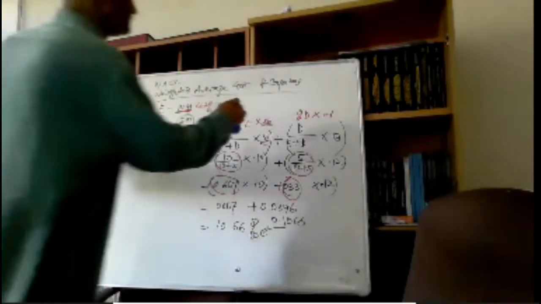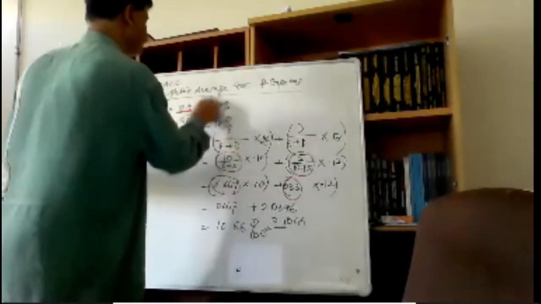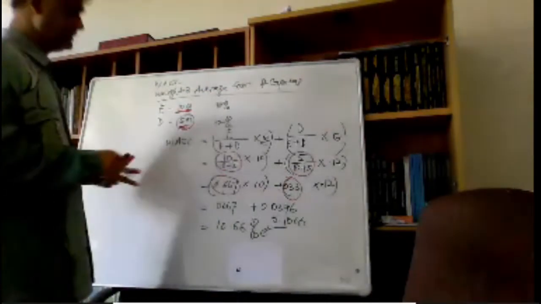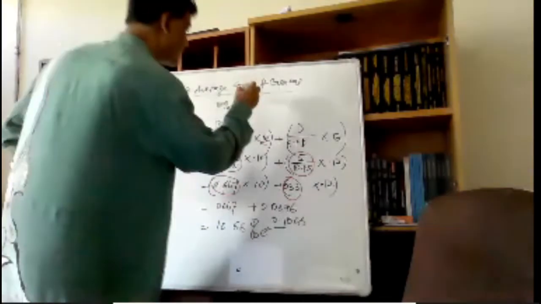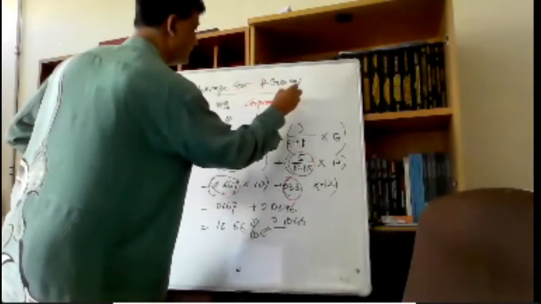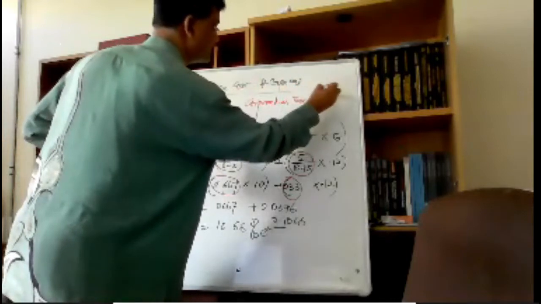What will happen in the actual case is, besides this data, you are given the corporation tax. Say, for example, corporation tax in Malaysia is about 30%.